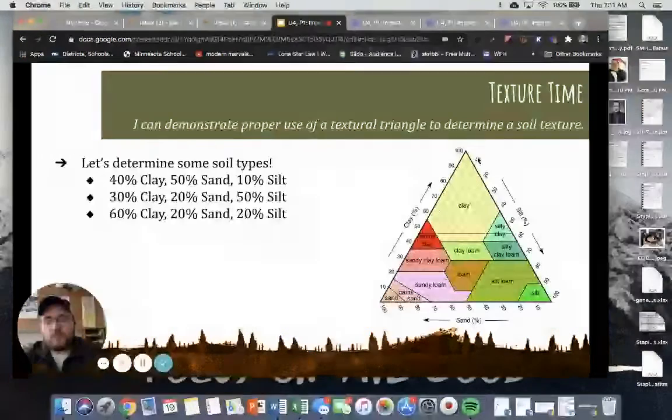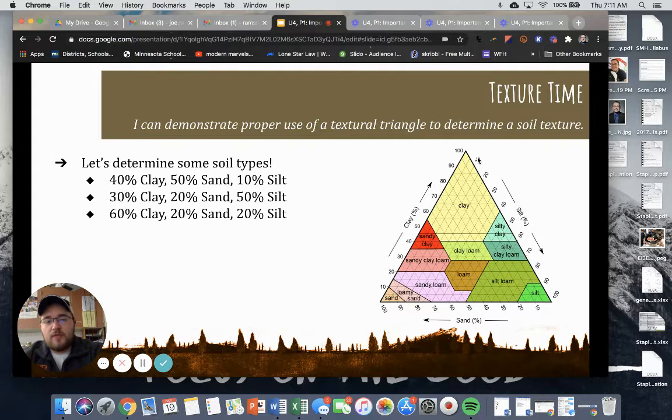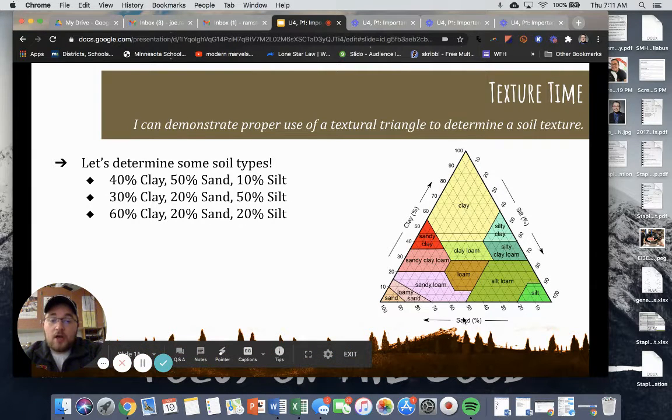On the right side of the textural triangle, we have silt. Silt goes down 10, 20, 30, and these are diagonal lines. Sand on the bottom is also diagonal lines, and it starts at 10% over here, 20% over here, 30%, etc. So the problem wants us to figure out the soil texture of 40% clay, 50% sand, 10% silt.